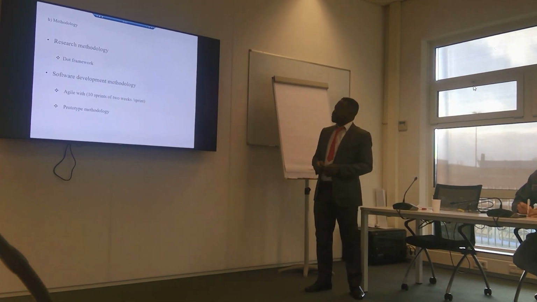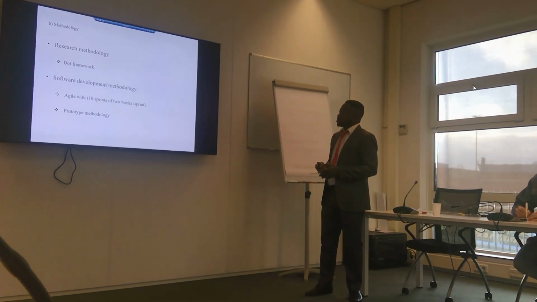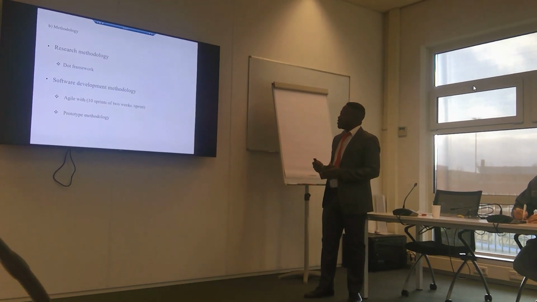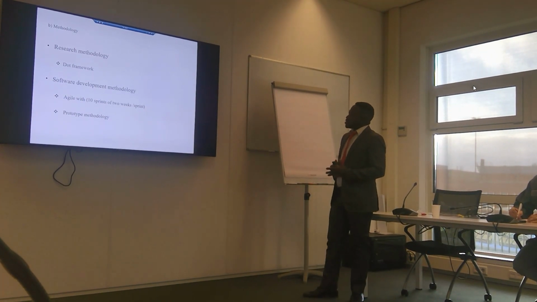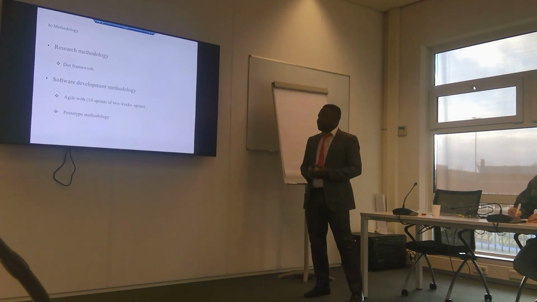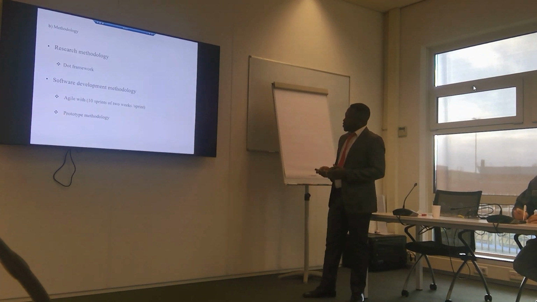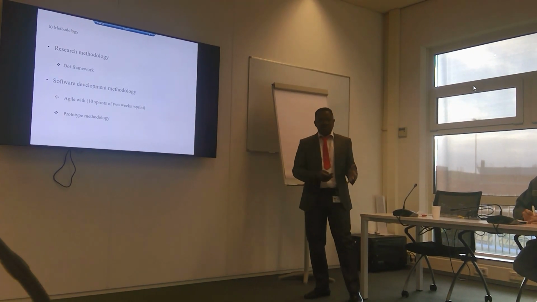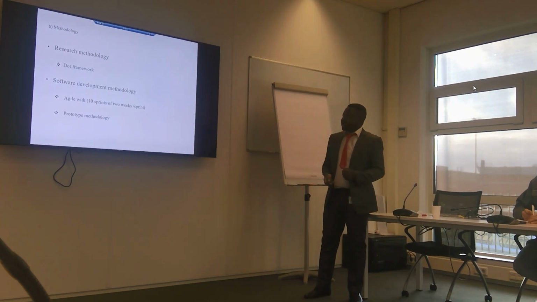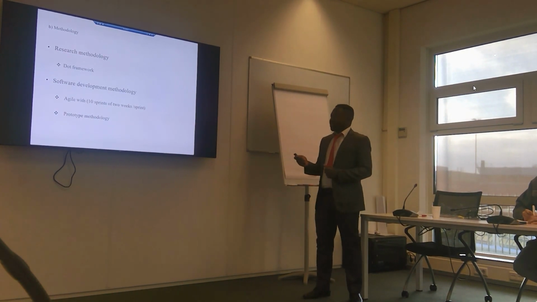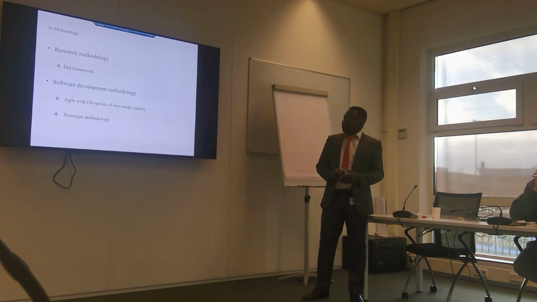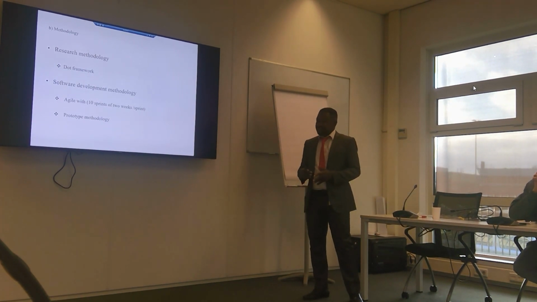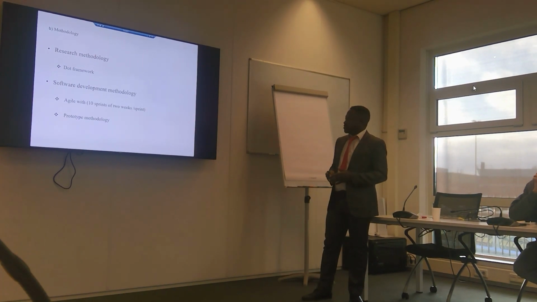And my methodologies were classified as research methodology and software development methodology. As research methodology, I used the DOT framework research methodology, which I'm not going to talk too much about now because of time. And then as software development methodology, I used the Agile, or what we call the Scrum methodology, which was divided into 10 sprints, with each sprint made up of 2 weeks.